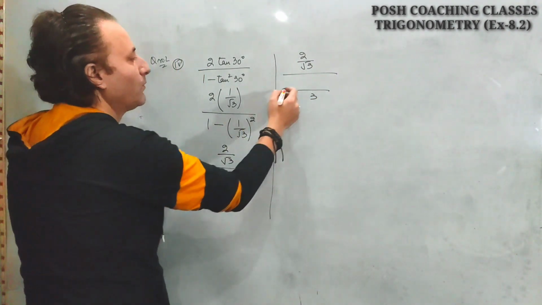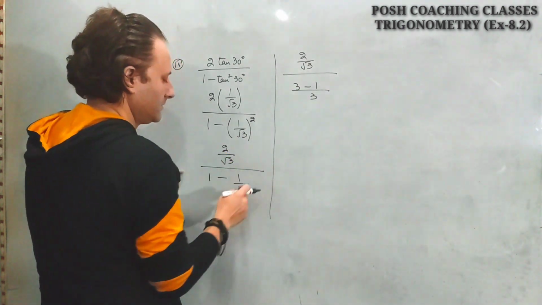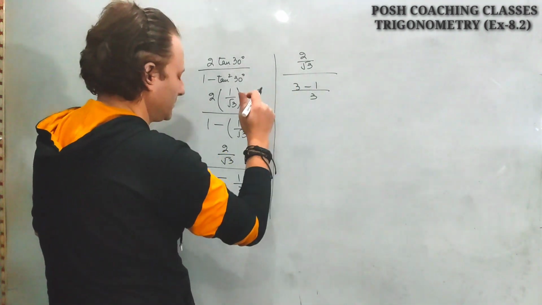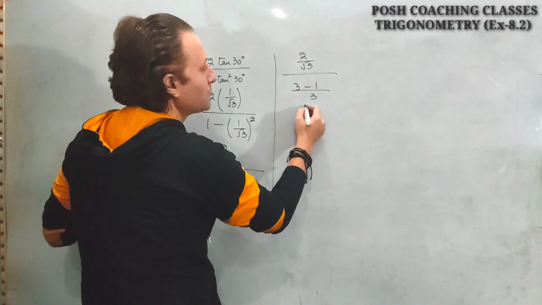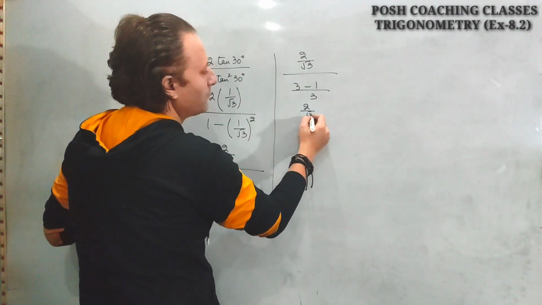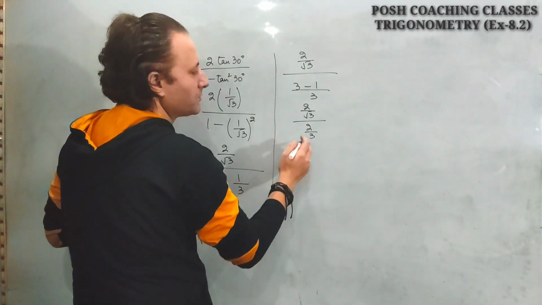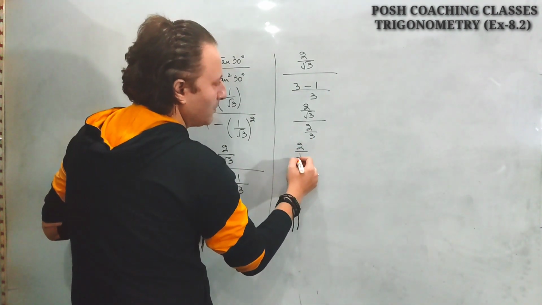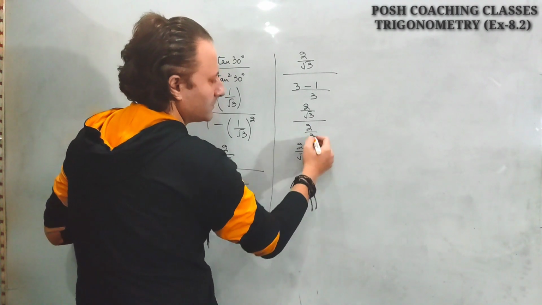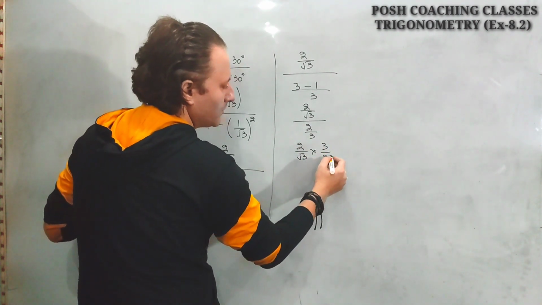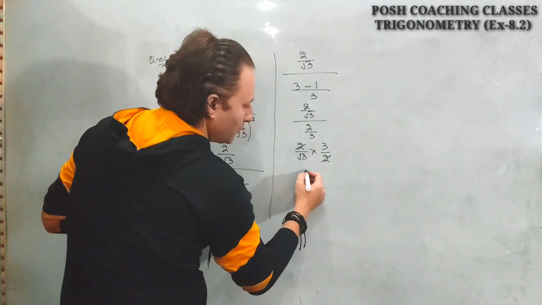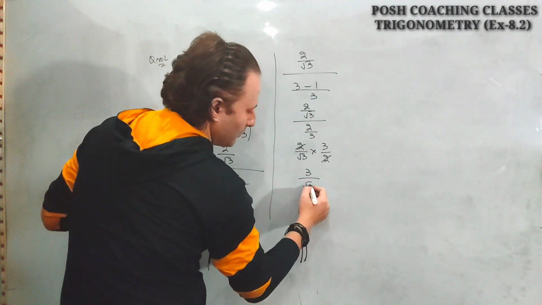So 3 multiplied by 1 is 3 minus 1, and the denominator is the same. So it is 2 upon under root 3 divided by 2 upon 3, since 3 minus 1 is 2. What do we have? We have 2 upon under root 3 into the reciprocal, 3 upon 2. So this and this are gone. Now what do I have? I have 3 upon under root 3.